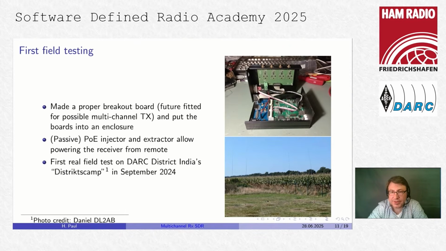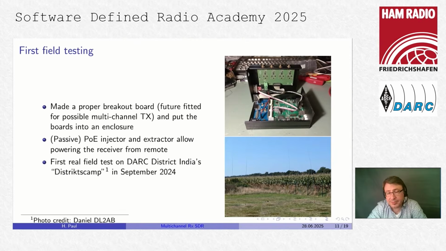I can just do this remotely. This is very nice. The board has only 100 Mbit Ethernet, so you can use the cheap passive power over Ethernet that just uses the two unused twisted pairs for supplying power. And this is how these simple injectors and extractors actually do it.